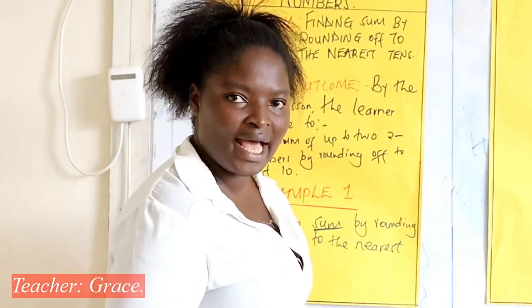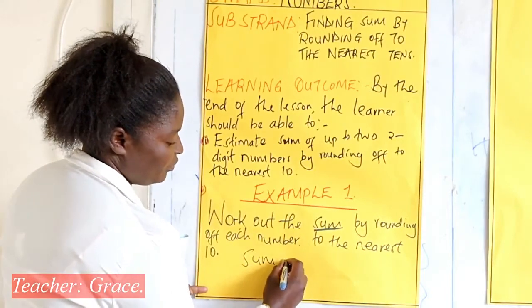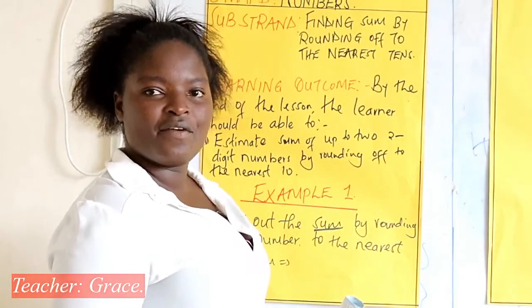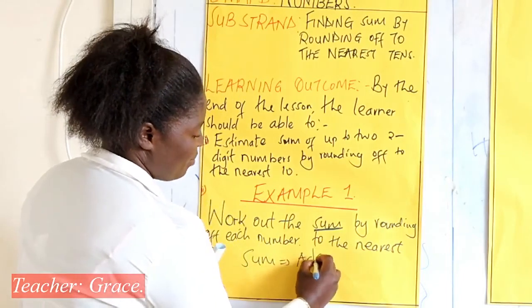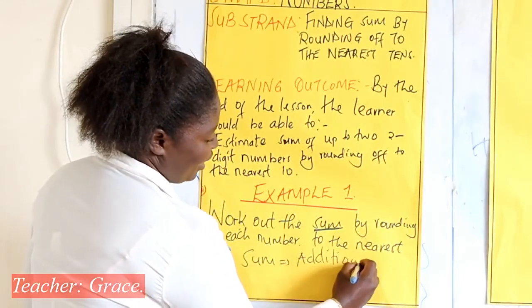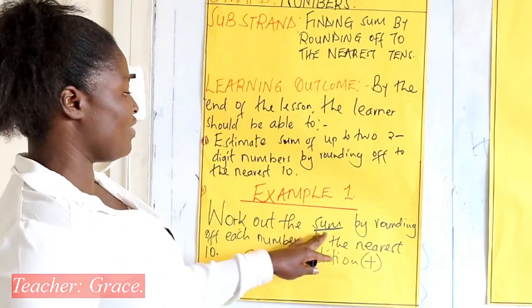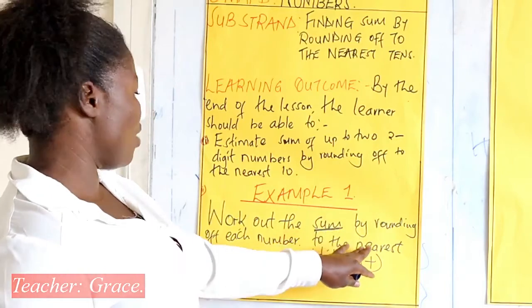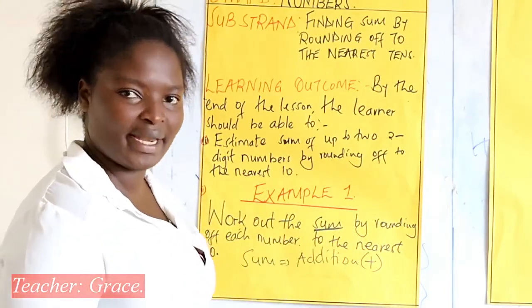What do you understand by the word sum? Yes, very correct. It's to add. Sum is addition, and this is the sign of addition. Now, we want to find the sum of numbers by rounding off each one of them to the nearest 10.